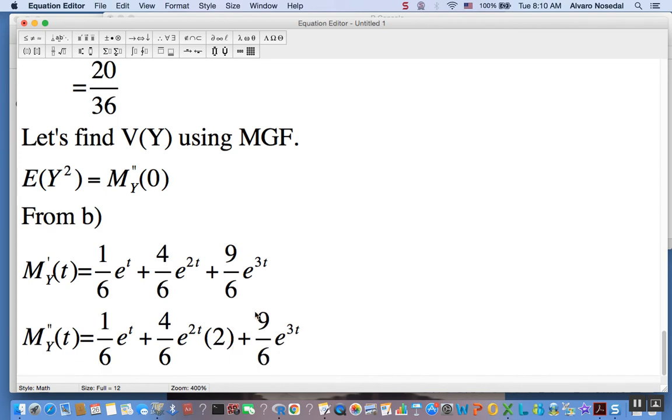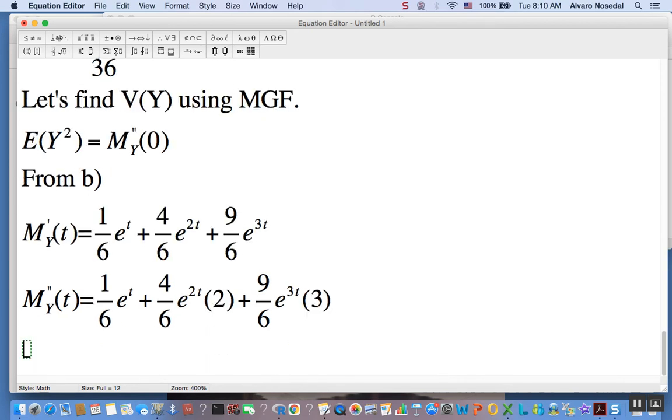This guy, a constant times e to the power 3t, is going to be this same guy, and by the chain rule, the derivative of 3t with respect to t is just 3, right?